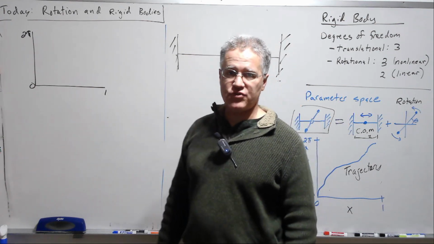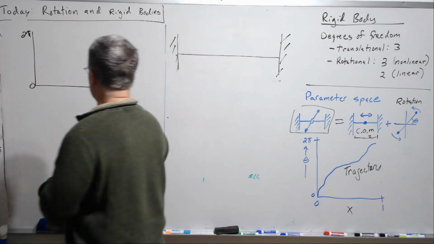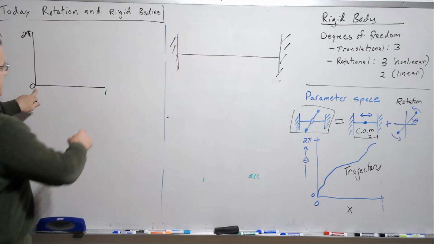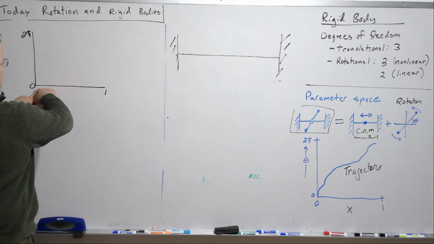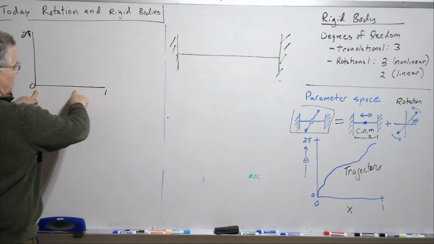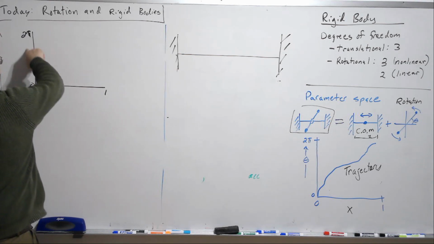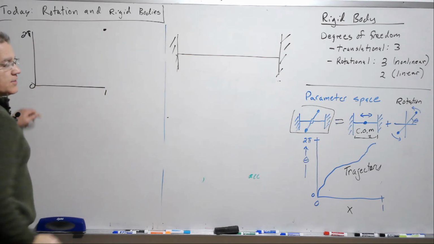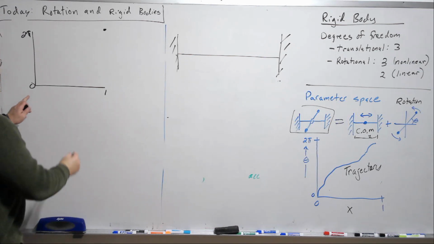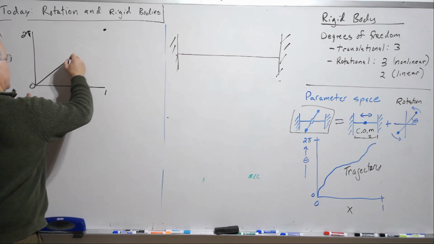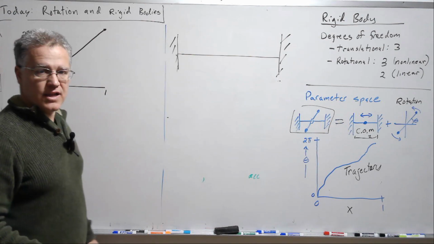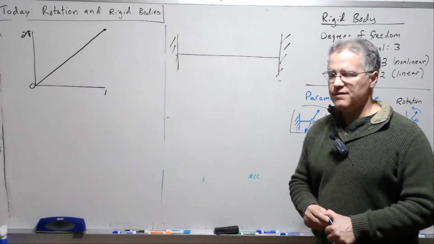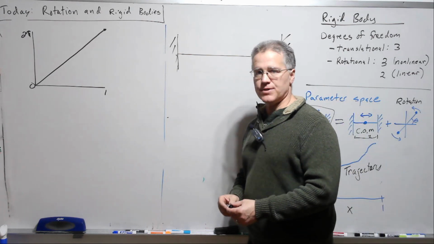Let's try to draw the trajectory. Well, we'll start at 0 angle and position 0. We're moving along here at a constant rate, and our angle is progressing at a constant rate. So we're going to end up at 2 pi and position 1, and it will be a straight line. So that will be the trajectory for that type of motion.